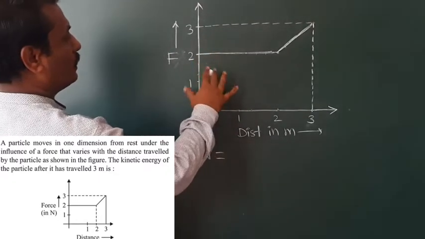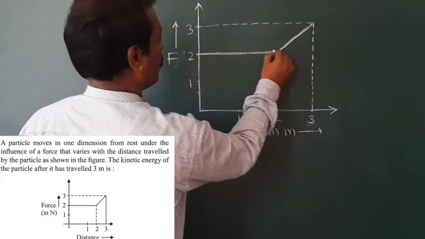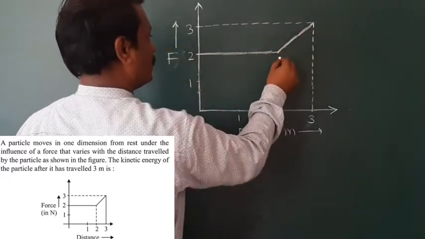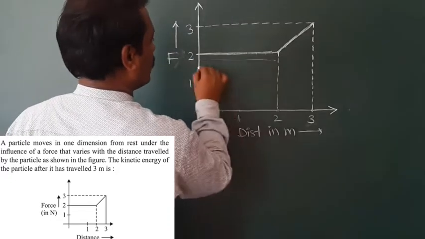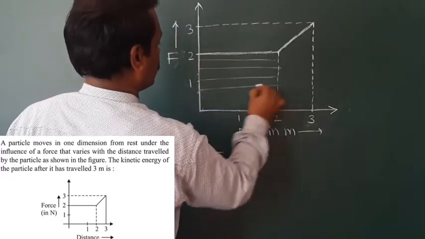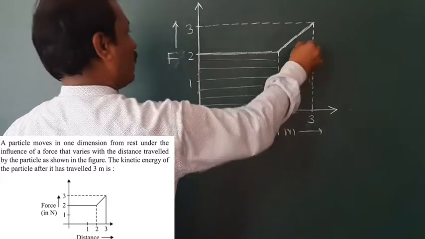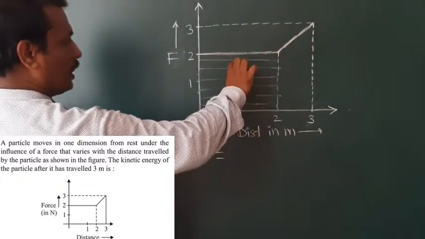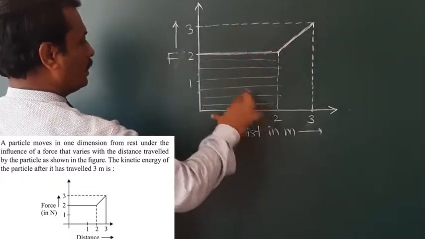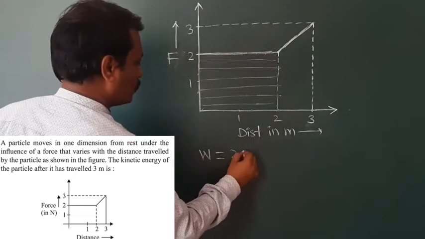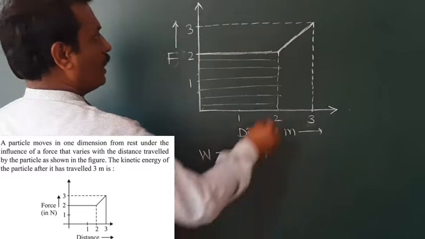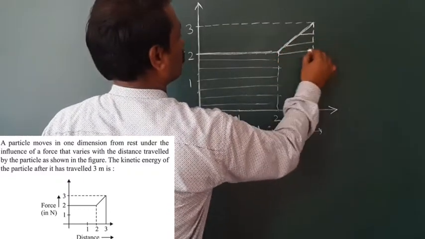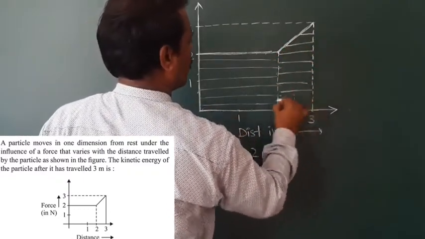Area under this graph means, this is the graph. So the area under this graph will be the area of this rectangle plus the area of this trapezium. So here the area of the rectangle is length into breadth. The length is 2 and the breadth is also 2, plus the area of this trapezium.